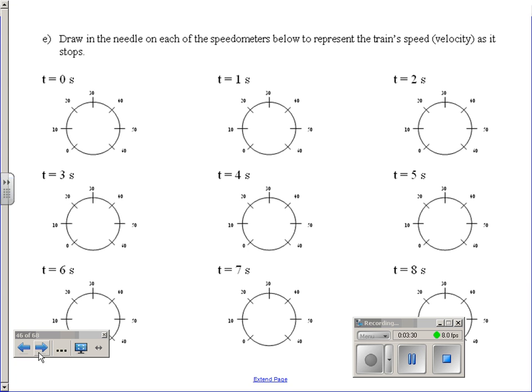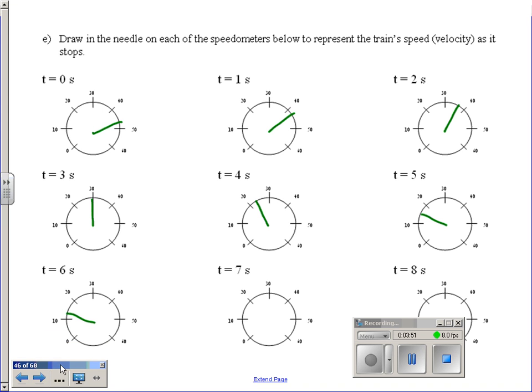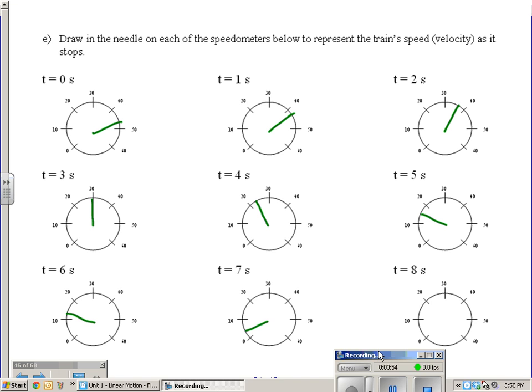All right, and then on this one, we can fill in the speedometer. The velocity started at 48, and then every second it goes down by 6. So 48, 42, 36, 30, 24, 18, 12, 6, and 0.